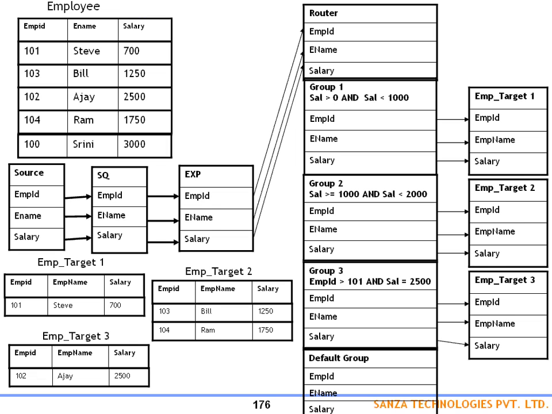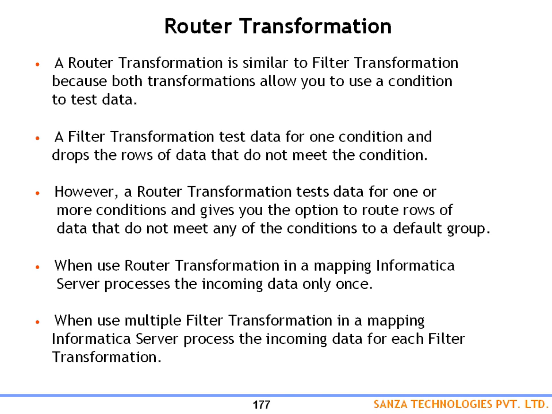So the router has an input group and an output group. The output group is divided into user-defined groups and a default group. It will read the input data once, then test for all the user-defined group conditions. If the record does not satisfy any of the group conditions, it goes to the default group. So the advantage of a router over a filter: first, router and filter are the same in that they test the data based on a condition.